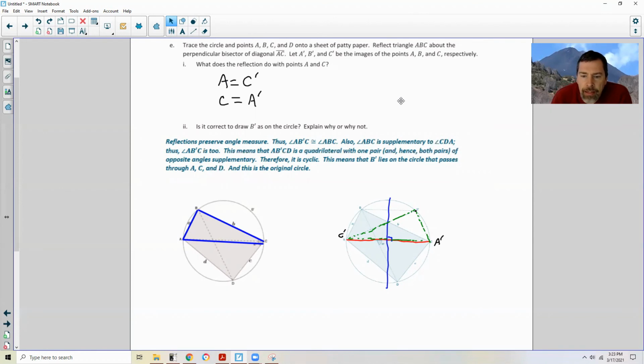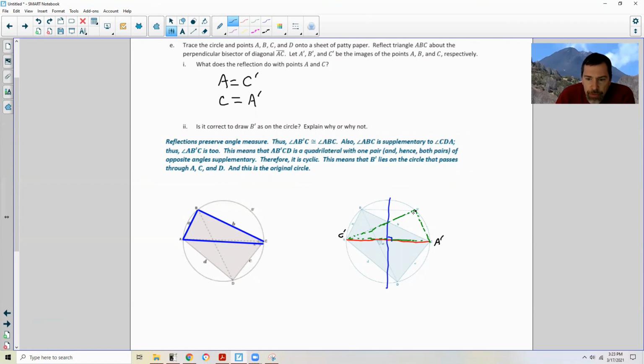Let's say that again. Angle ABC is supplementary to angle CDA. Yes, because they're opposite angles in a quadrilateral that are in a circle, which are called cyclic quadrilaterals. And thus AB prime C is too.